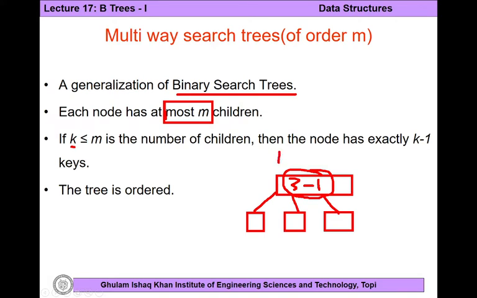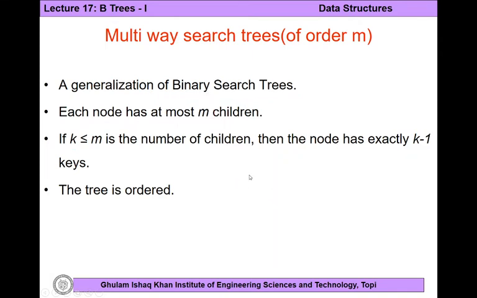So maybe the first key may be A, the second key may be, let's say, D, and the third key may be, let's say, Z. Maybe. So this is the concept here: the number of children is the number of keys in the parent node plus 1.